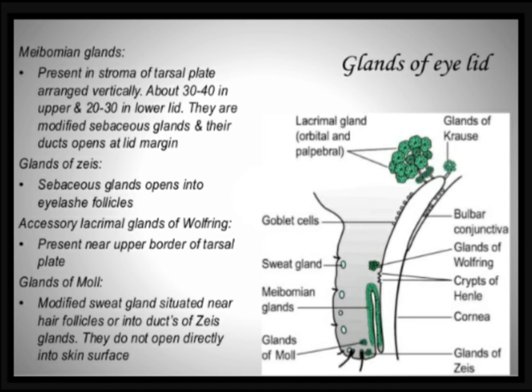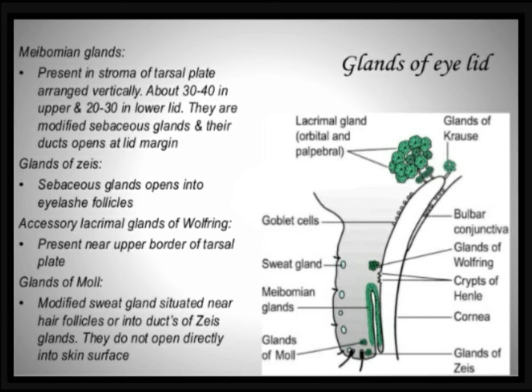The Meibomian glands number about 30 to 40 in the upper lid and 20 to 30 in the lower lid. They are modified sebaceous glands and their ducts open in the lid margin. The glands of Zeis are sebaceous glands that open into the eyelash follicle, in our eyelashes.